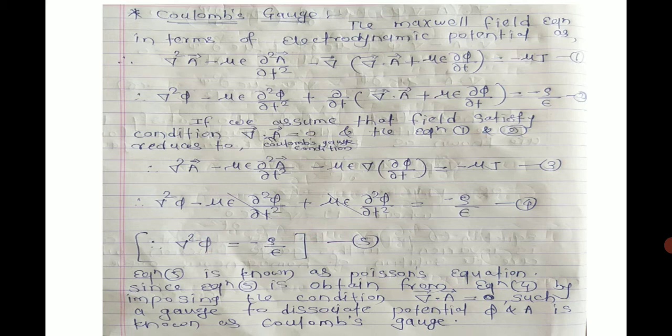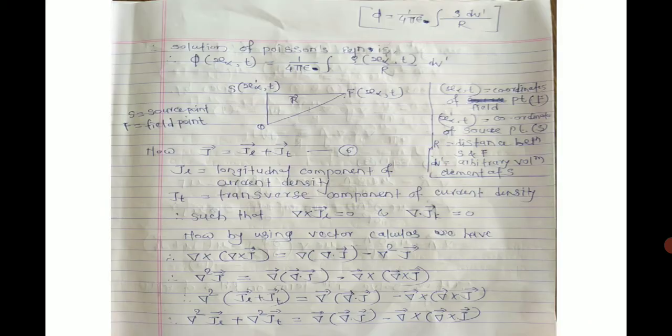Next, the solution of that Poisson equation is phi of x alpha comma t equal to 1 divided by 4 pi epsilon naught, integration rho of x alpha dash comma t divided by r into dv dash.